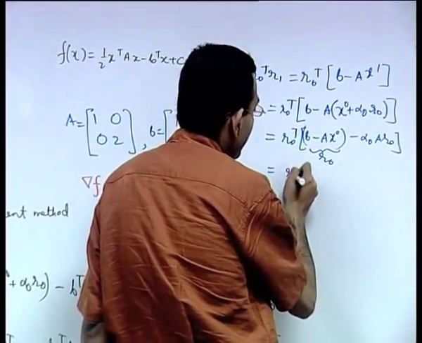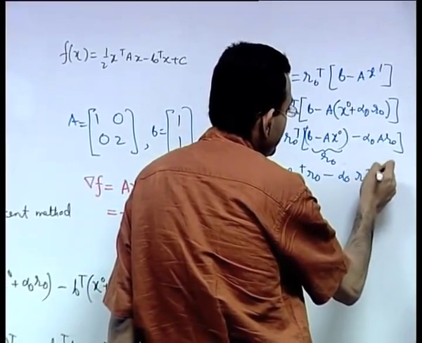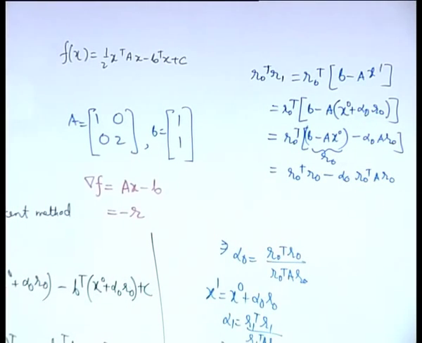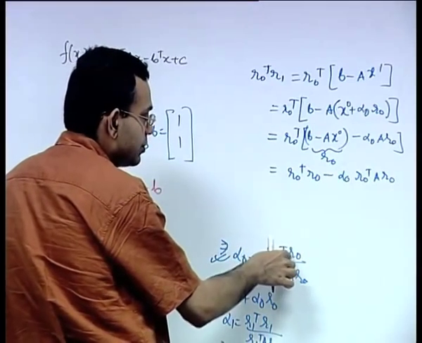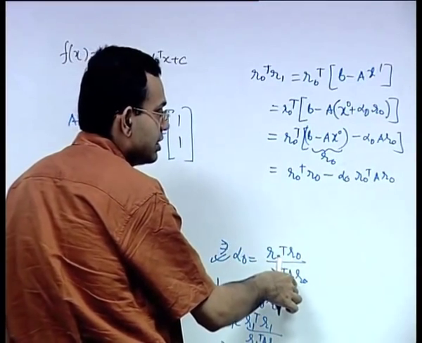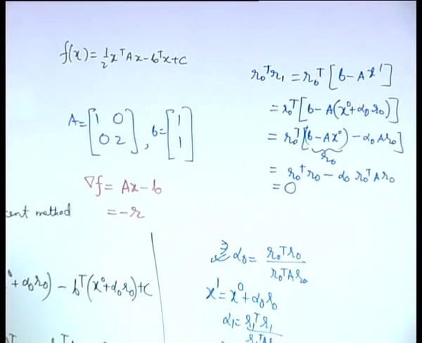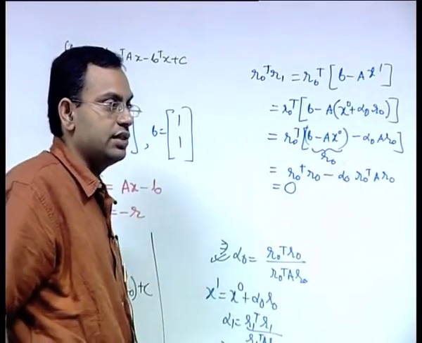So this is equal to r0 transpose r0 minus alpha 0 r0 transpose A r0. Remember, alpha 0 is a scalar. So by using this relationship, alpha 0 equal to r0 transpose r0 by r0 transpose A r0, this becomes equal to 0. So r0 transpose r0 is equal to alpha 0 into r0 transpose A r0.